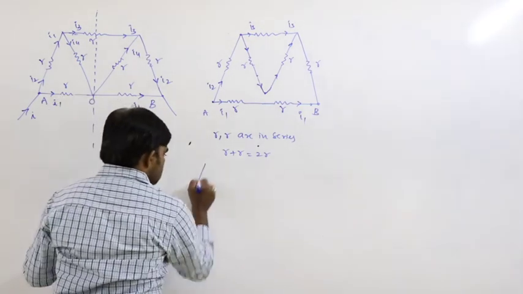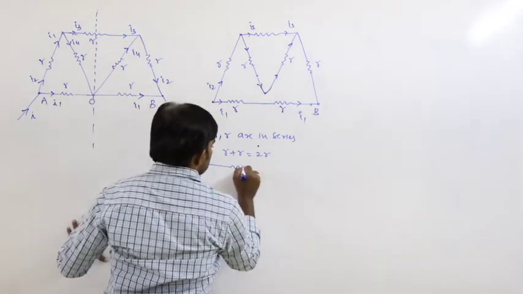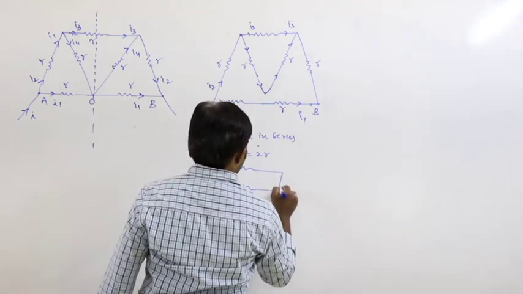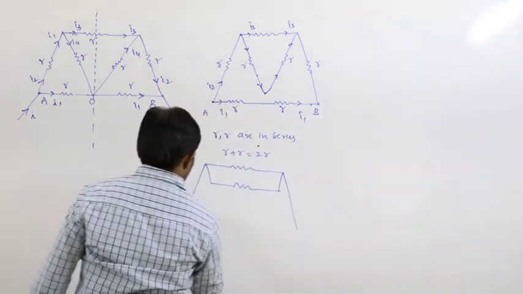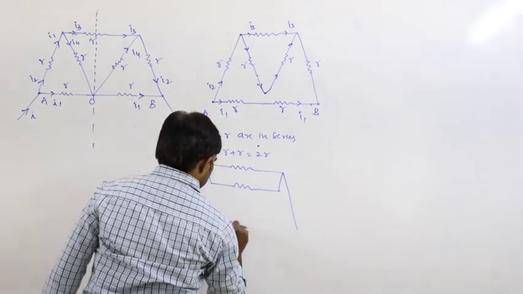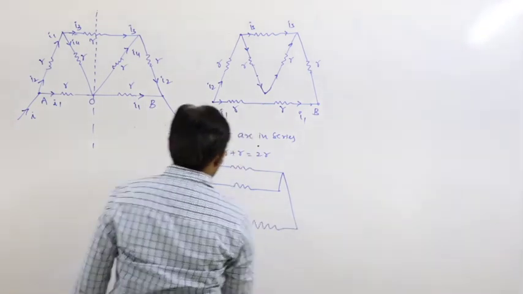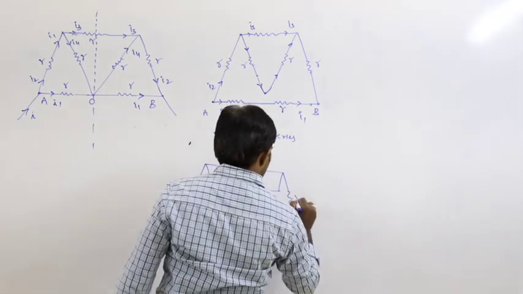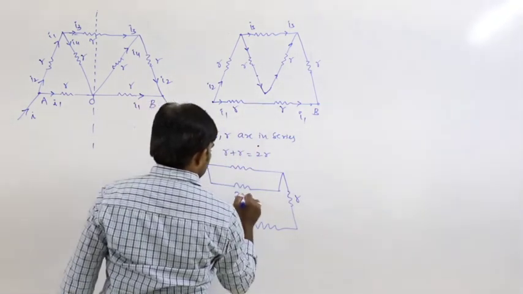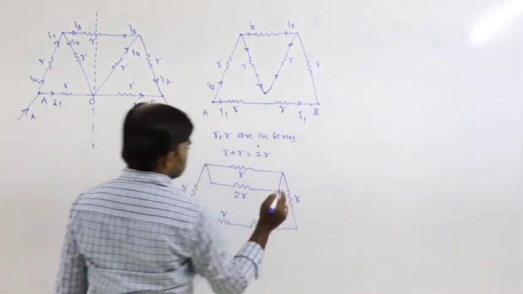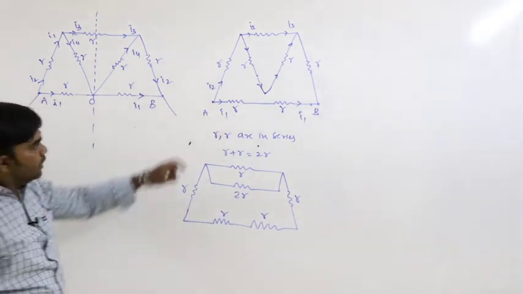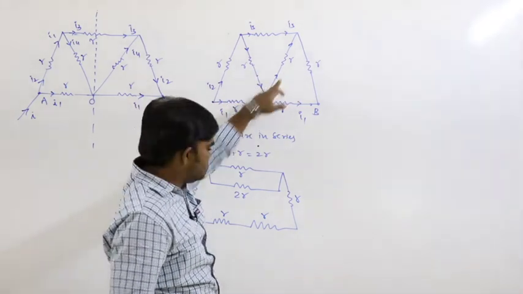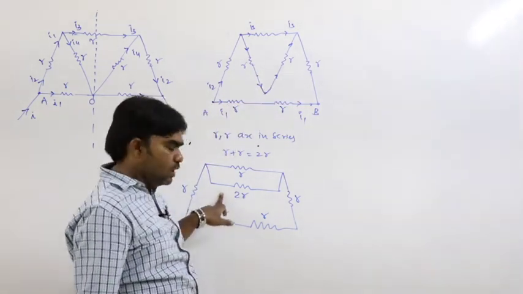Now the system becomes, this is the situation. Apart from these two resistances, R and R are in series, effective resistance is 2R.